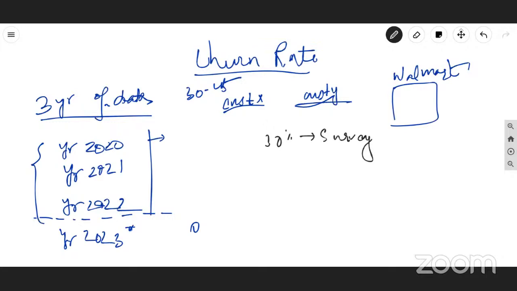Very few customers will actually put in a survey. So you will not be able to capture the entire population.